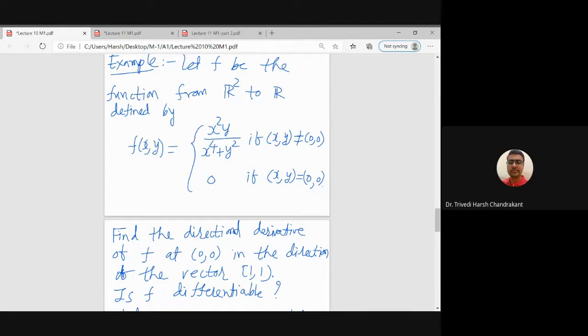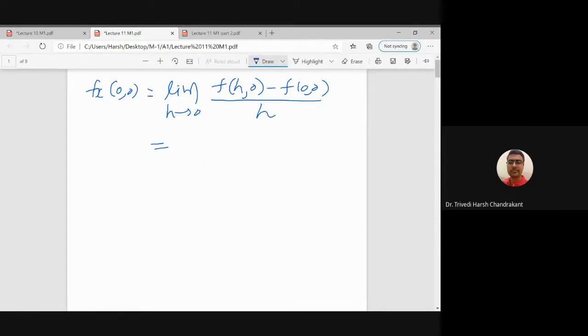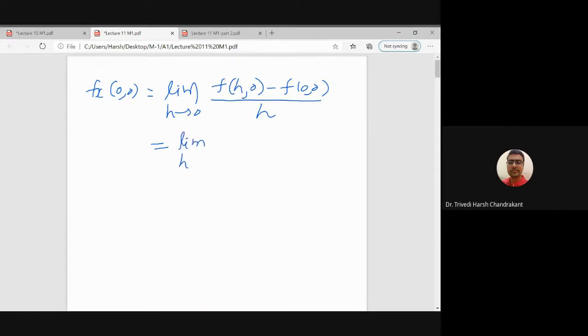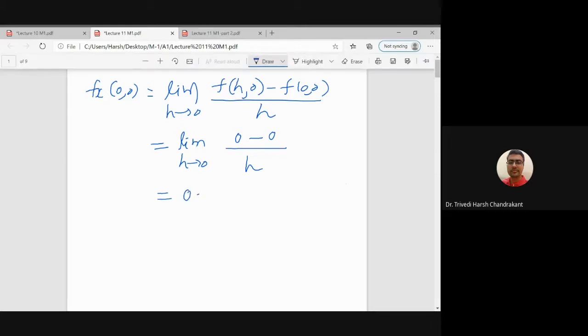So f(h,0) is 0 because the y coordinate is 0, and the value of the function at the origin is also 0, divided by h, and this is nothing but 0.